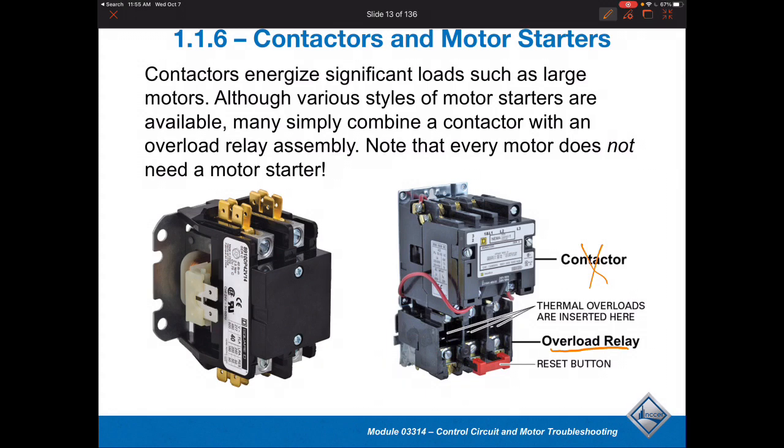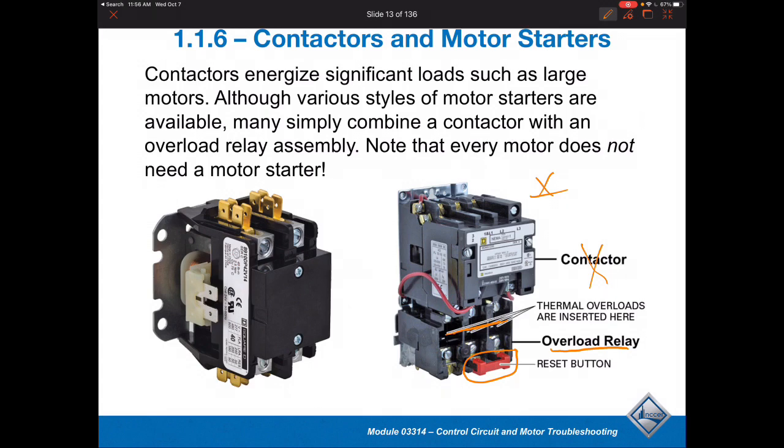Now, you might also notice in this particular magnetic starter that's shown here, it's showing a reset button. After one of these overloads trips the circuit, or opens up the set of contacts that are part of the overload relay circuitry, if you open one of them up, it opens up the whole circuit, because those three are going to be in series.